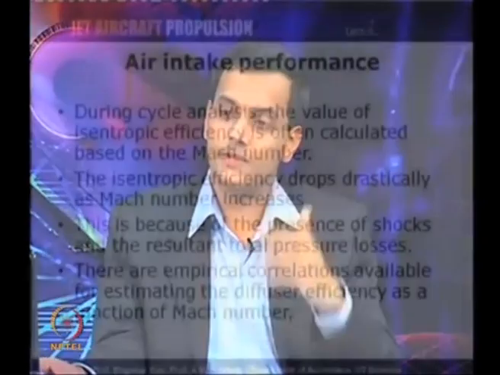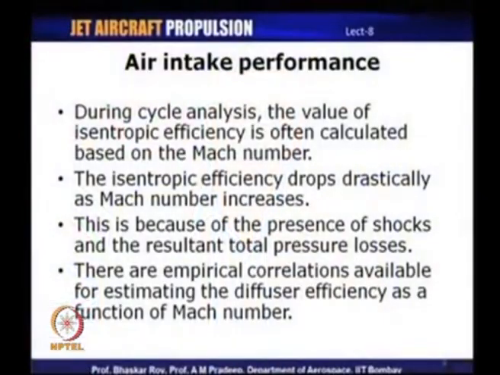When we do a cycle analysis, which is what we will do later in the next lecture, we will be using the efficiency definition based on the flight Mach number. What is seen is that the isentropic efficiency drops drastically as the Mach number increases, because with increasing Mach number there would be the presence of shock waves, and therefore the resultant total pressure losses would be substantially higher.